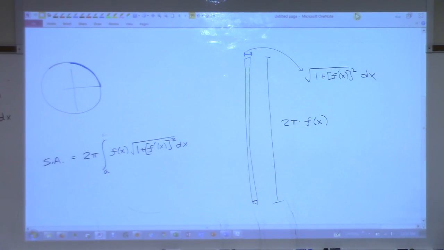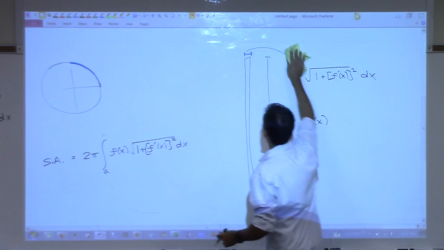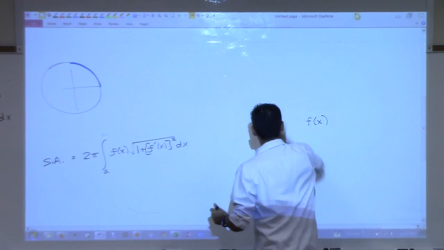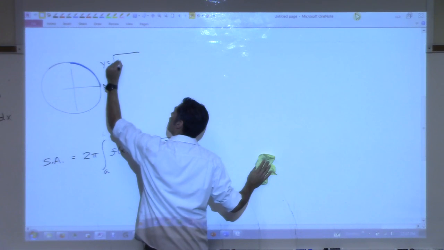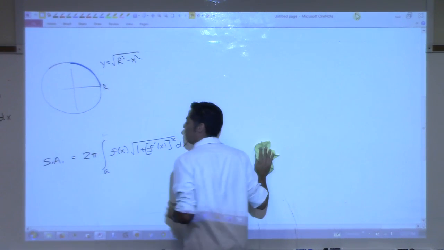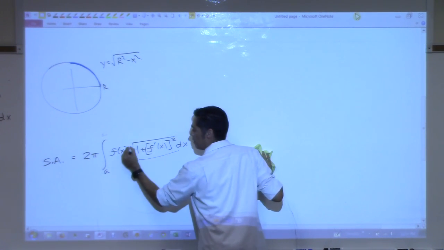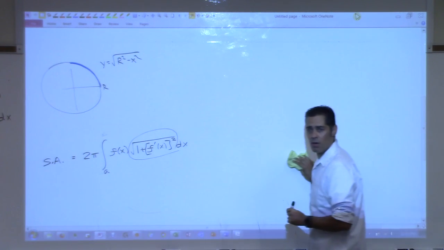Now, wouldn't that be the surface area of half of a ball? Yes, it would. Otherwise, not a lot's going to change. This is still capital R. This is still y equals the square root of r squared minus x squared. In fact, we've done all this work already, haven't we?